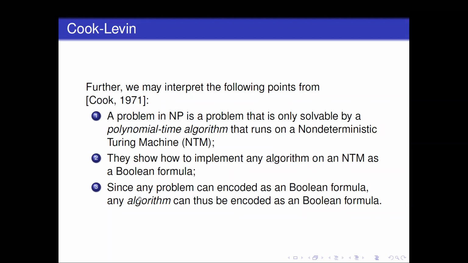And so, since any problem can be encoded as a Boolean formula, any algorithm can thus be encoded as a Boolean formula. And so the real point is that we're talking about algorithms, and the problems are really defined as algorithms. They're not problems in their own right, they're problems as algorithms. This is important because it allows us to then modify it with different heuristics and focus on what's going on.